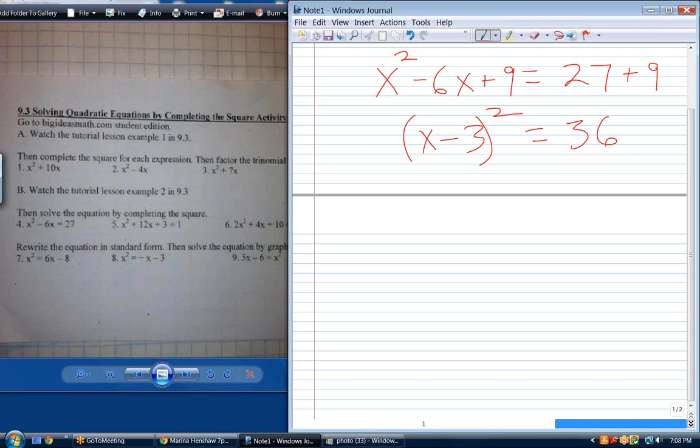Okay, and now we can solve this. In other words, it wouldn't necessarily be difficult to solve before, but this will now be easy to solve. How do we solve this equation? What's the next step?